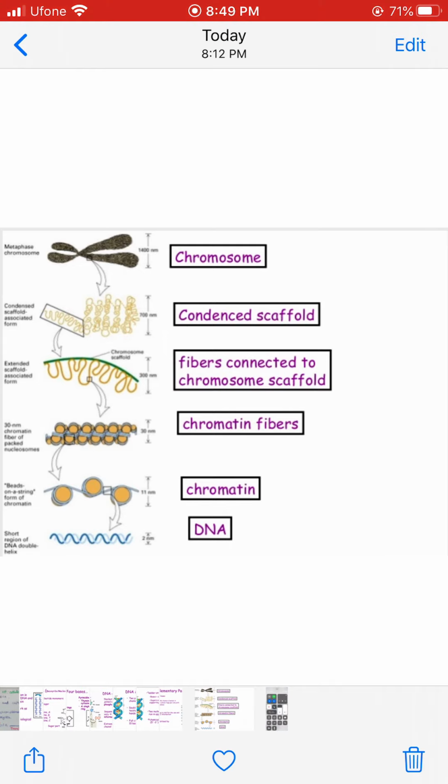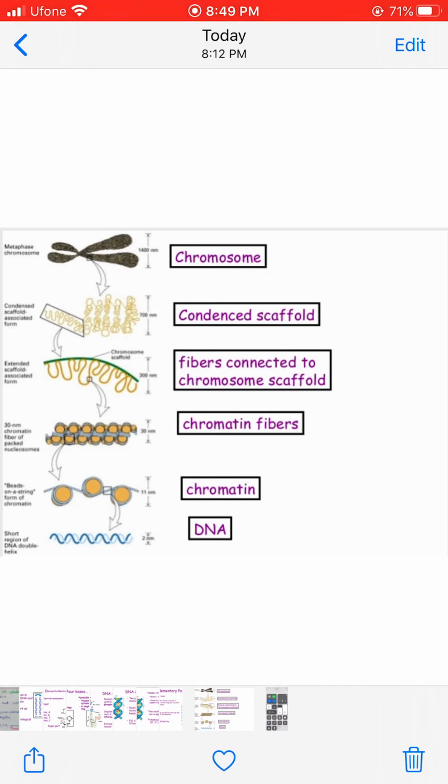These condensed scaffolds could be heterochromatin or euchromatin. If it is exposed, it is known as euchromatin, and if it is not exposed, or not available for the process of replication, and it is in a condensed form, then it is known as heterochromatin.